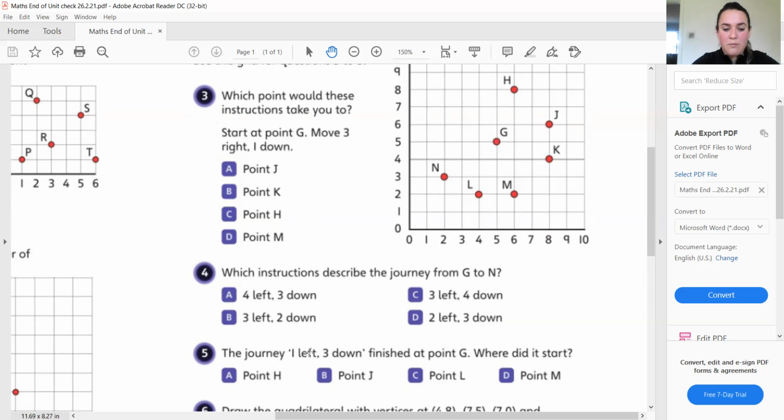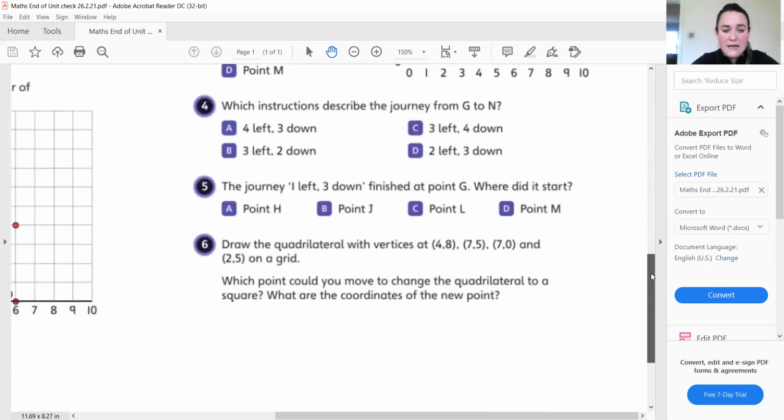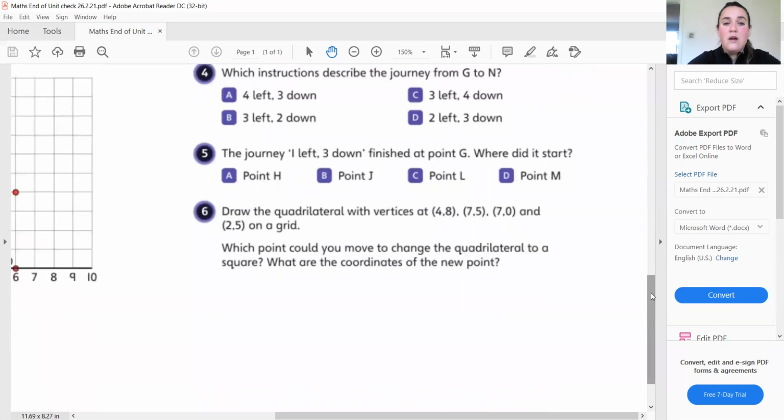Okay, so swap these directions round, to the opposite, the inverse, in order to find out where we started. This is my end point. Where did I start?